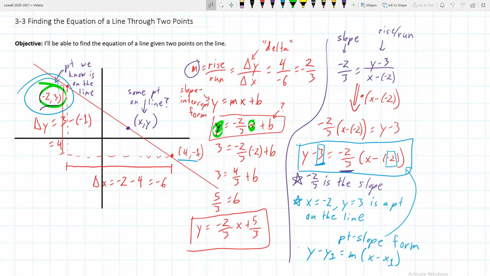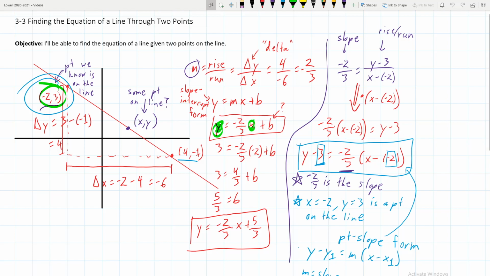So m is usually, again, the slope, and then x1, y1 is a point on the line. So even though we're used to finding the slope first and then plugging in one of the points to get the y-intercept, you actually don't really need to do that. Although it definitely is possible.